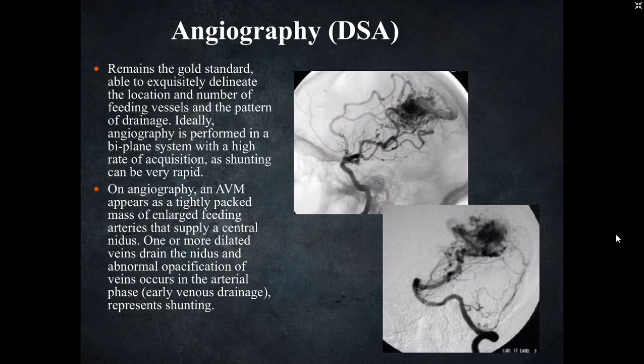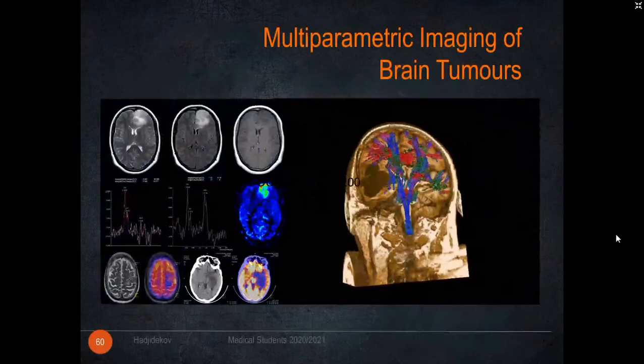Once you inject the contrast, you will see the feeding artery and also very fast shunting into the dilated veins. So we can see this appearance of a packed mass of enlarged feeding arteries and blood inside of them, one or more dilated veins which drain the nidus, and abnormal opacification of the veins in the arterial phase, which in fact represents the shunting.